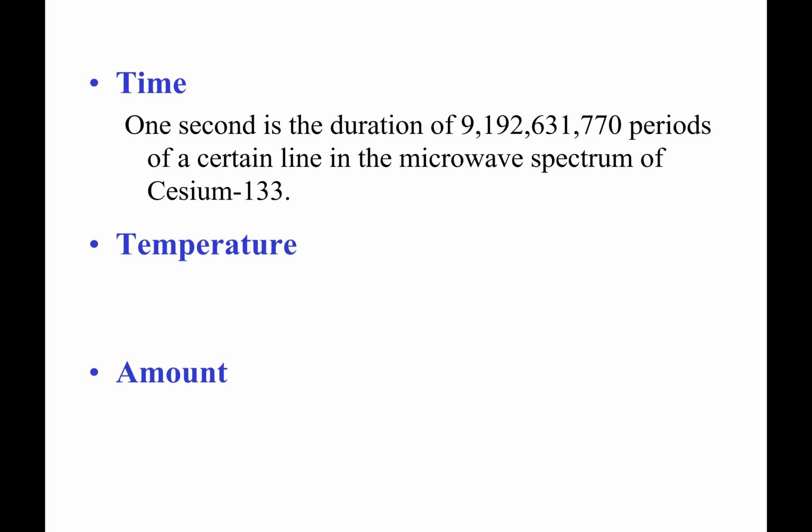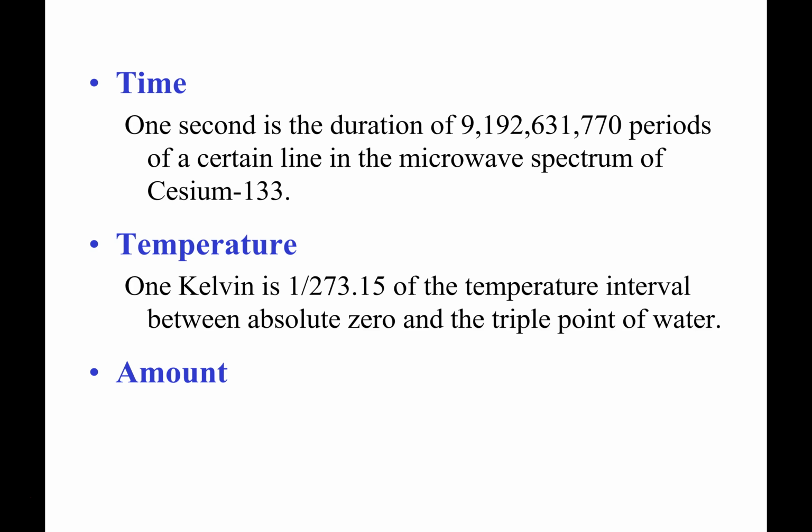With regard to time, we pick on the element cesium, one particular isotopic form of cesium, and the wavelength it emits. With regard to temperature, it's kind of an interesting thing. We pick on one substance, water, and we go to the triple point of water.